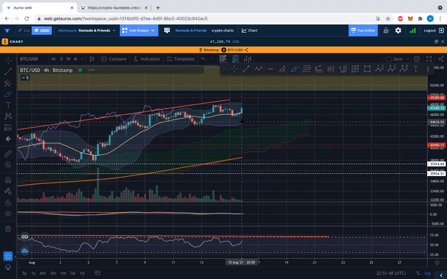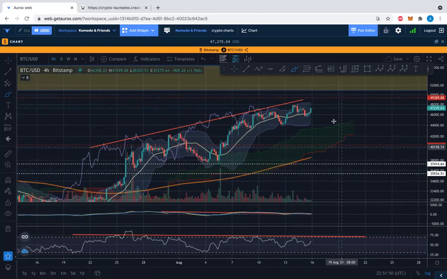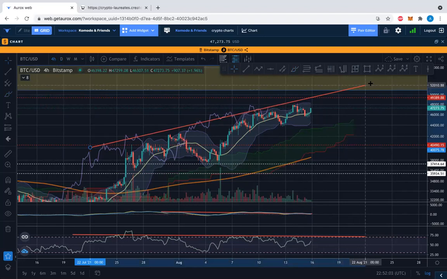Let's quickly survey the 4-hour: well above the cloud, lagging span moving higher. I'm just going to pull this forward in time. It's not a precise and exact thing, but there we go.